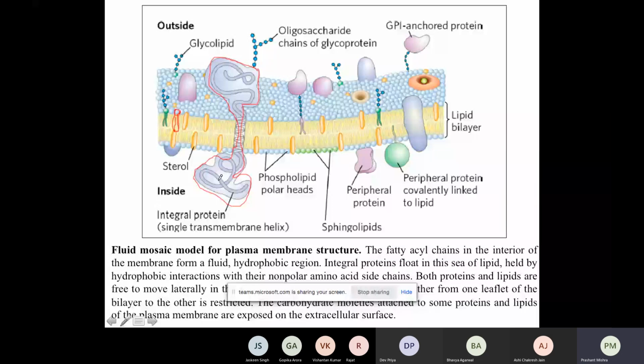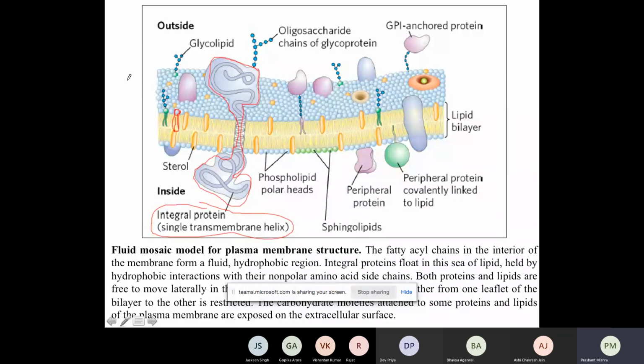Of course, part of it is on the outer surface of the membrane and part of it is on the inner surface, and they are called integral proteins. It is present transmembrane, across the membrane, and you can see the helical structure moving, with part of it on the outer side of the cell and part of it on the inner side of the cell.